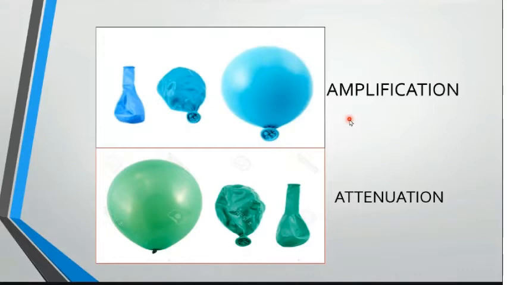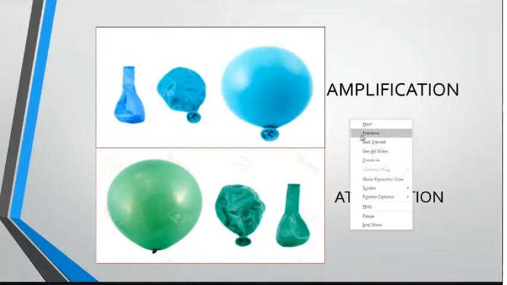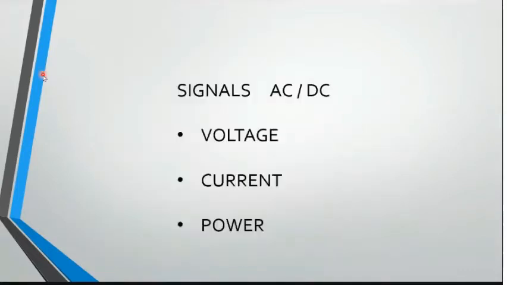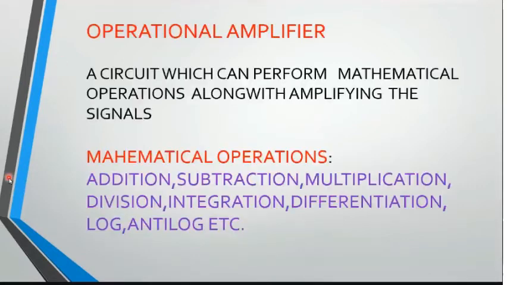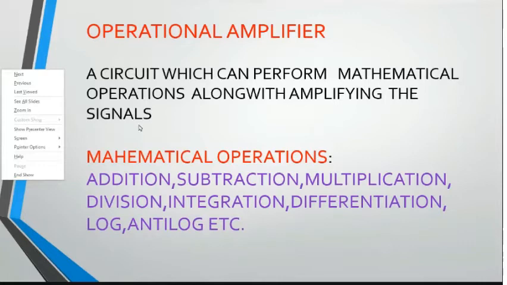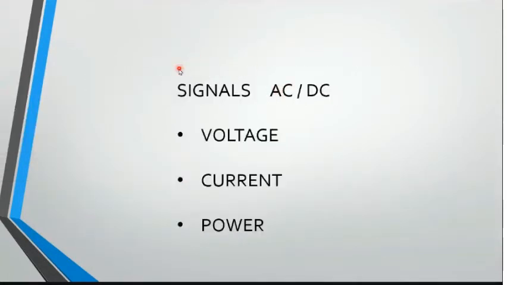Now this strength of the signal, these signals, as you know, they can be AC or DC signals, and it can be AC voltage, it can be AC current, or it can be AC power.